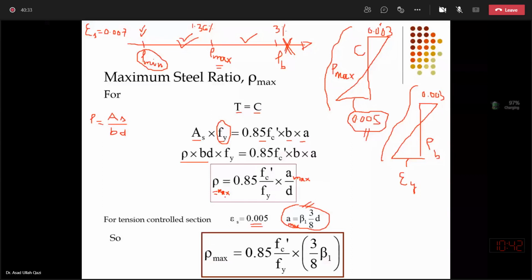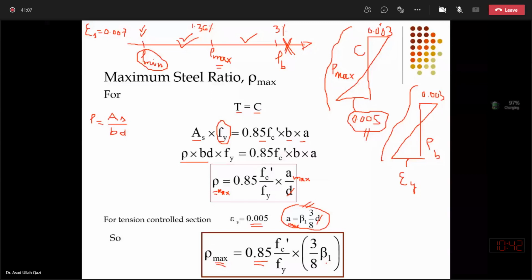So when I put this a, this d and this d will cancel. So I will get a simplified shape of rho max equal to 0.85 times the ratio of material strengths into 3/8 beta 1. For concretes of lower grade, beta 1 is 0.85. So it becomes 0.85 squared into 3/8 into fc prime over fy.